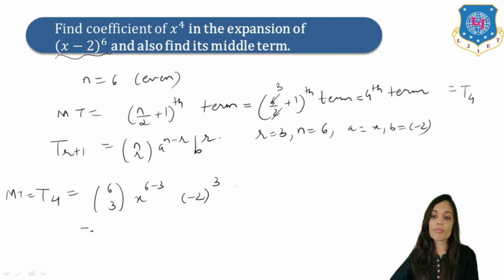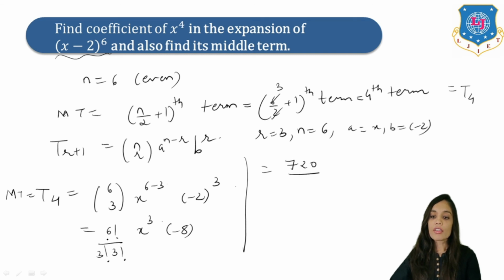Let us simplify this using the formula of nCr. So it will be 6 factorial upon 3 factorial into (6 − 3) factorial, which is again 3 factorial. This will be x cubed, and (−2) cubed will be what? Minus 8, right? So again, the value of 6 factorial is what? 720, right? 1 into 2 into 3 up to 6.